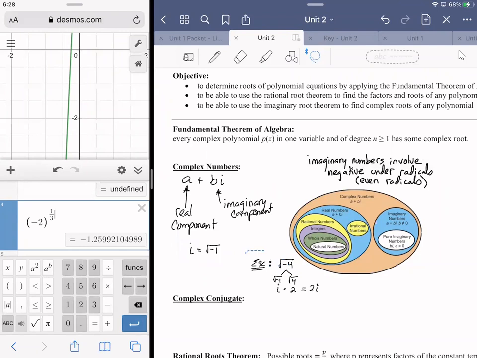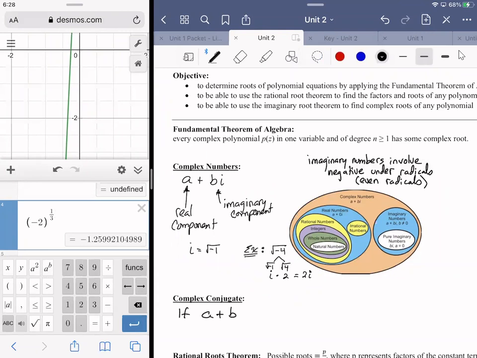So a complex conjugate, to review that concept: if you're given a plus bi, the conjugate is a minus bi.